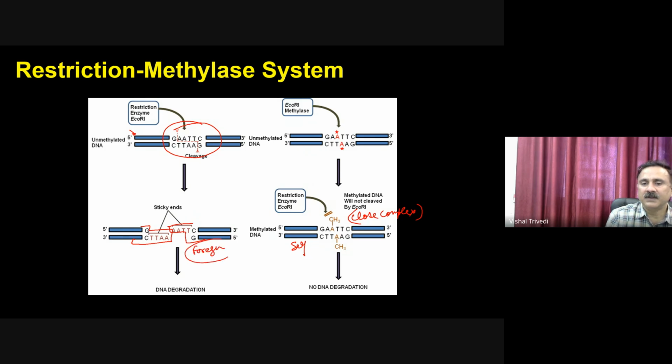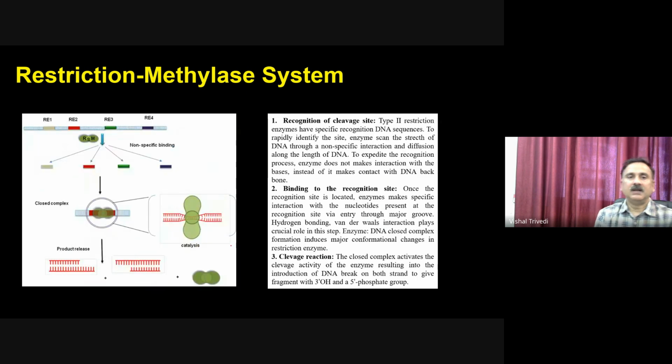So this is a kind of defense mechanism present inside the bacterial system. And this is what the mechanism is saying: it is going to recognize the cleavage site, bind to the restriction site, and then catalyze the cleavage, only when the adenine is not methylated.